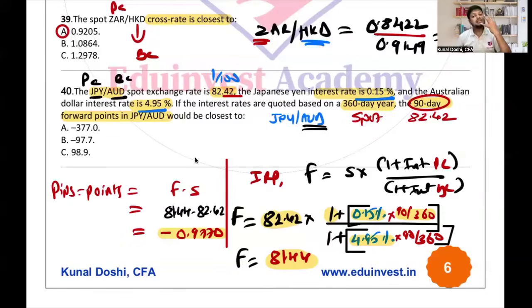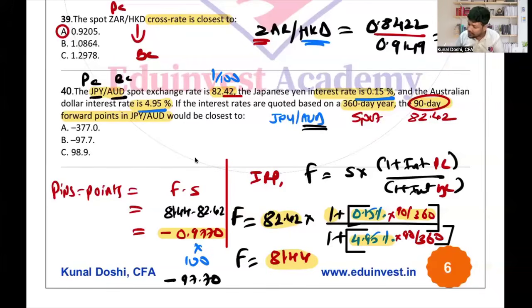If the currency quote is in 4 decimals, they are 1 divided by 10,000 points. So if my currency quotation was in 4 decimals, I would have multiplied this by 10,000. But since the quotation is in 2 decimals, I need to multiply this by 100 to get the exact point answer. This is where my answer will be minus 97.70.